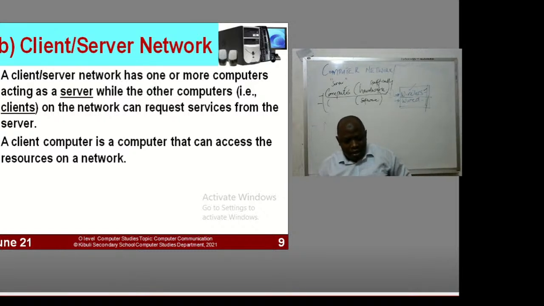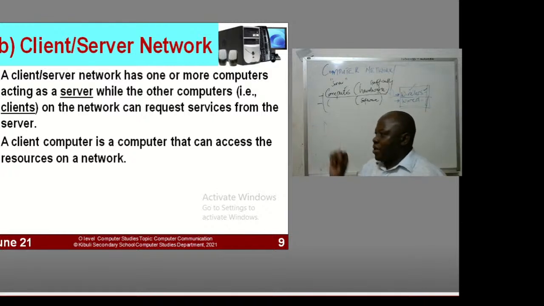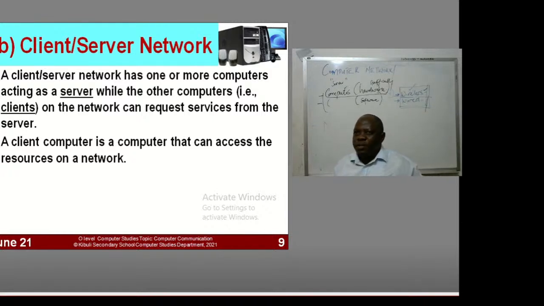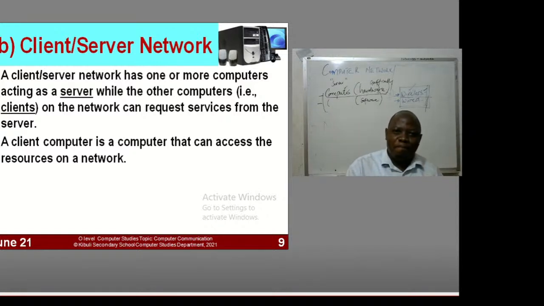So, i.e., clients on the network can request services from the server. When you type in www.http://ss.com, what are you trying to do? You are trying to request the server where the website for Chibuli is hosted.